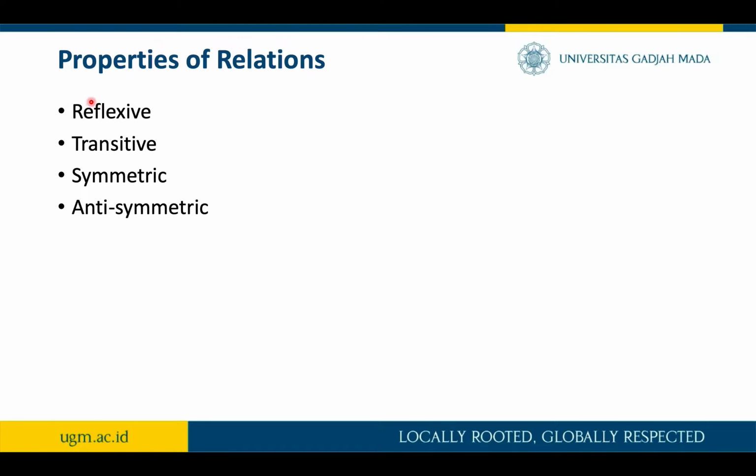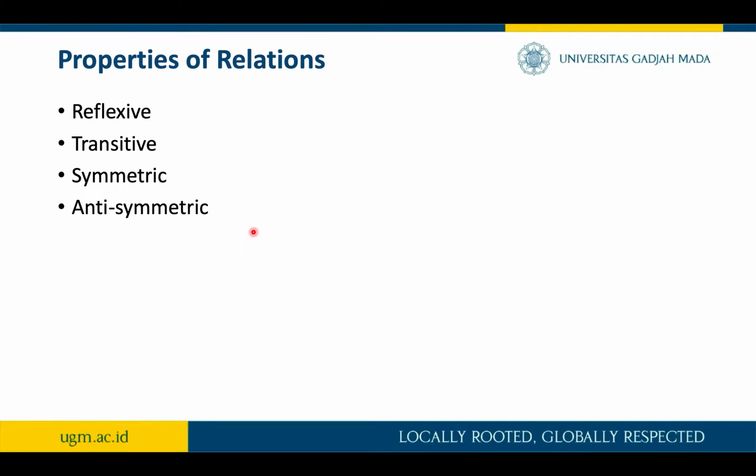It doesn't mean that each relation has all of these properties. So a relation can be either reflexive or not reflexive, can be either transitive or not transitive, can be symmetric or not symmetric, and can be anti-symmetric or not anti-symmetric.